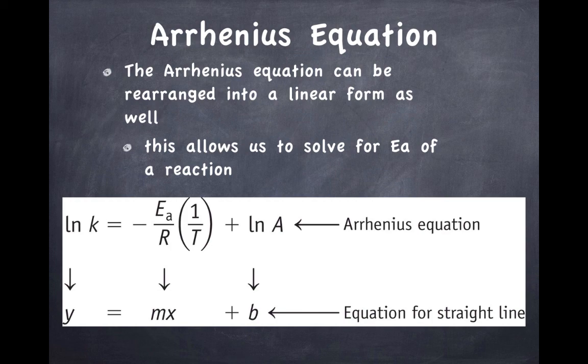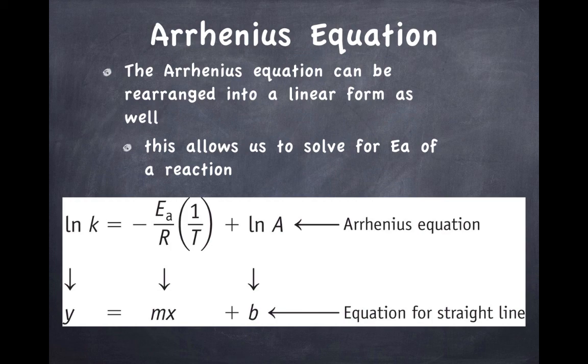We have the natural log of k, our rate constant, equal to negative EA over R times 1 over T, plus the natural log of the frequency factor. That in essence is the linear form of the Arrhenius equation. We see the comparison below, how it lines up to a straight line.